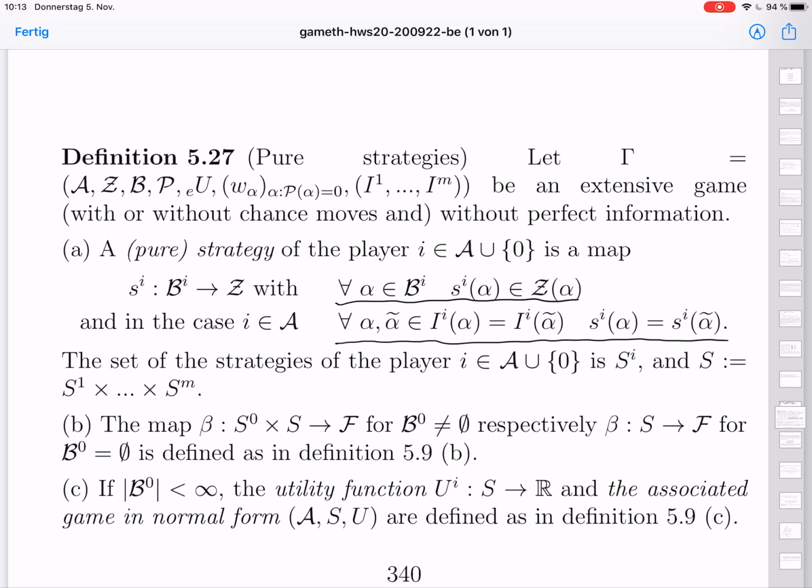So maybe it's useful to stress that the map beta is well defined, although the players don't know in which play they are. The players don't know, but the game knows. So the game always is in a fixed play and always some next move is done. Only the players do not know where the game is. The game itself somehow knows where it is and at which play it is. Therefore, this map beta is well defined, although we have imperfect information.